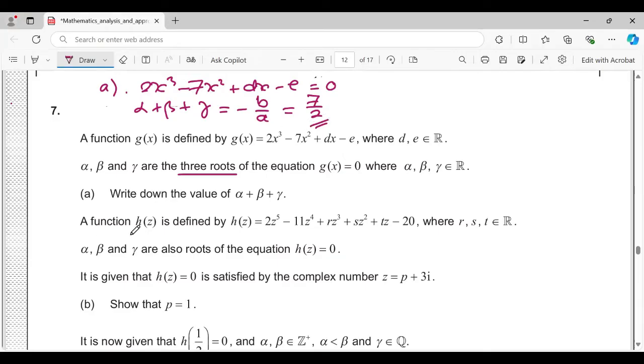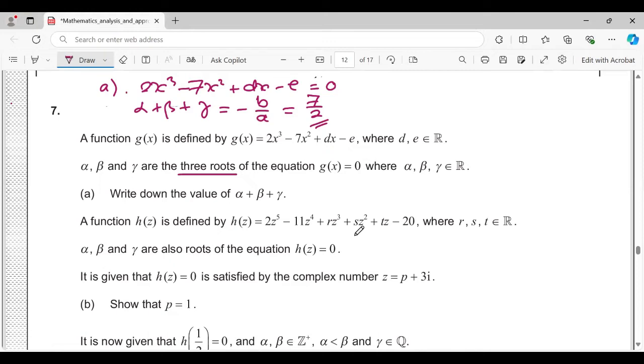Okay. Next, a function h(z) is defined by h(z) equals 2z to the power 5 minus 11z to the power 4 plus rz cubed plus sz squared plus tz minus 20, where r, s, and t are rational numbers. Alpha, beta, and gamma are also roots of the equation. It is given that h(z) equals 0 is satisfied by the complex number z equals p plus 3i.